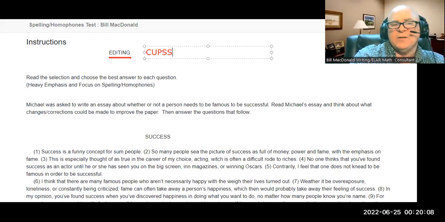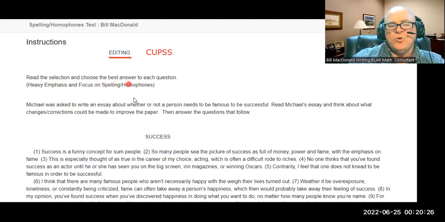And another way to tell is when you're reading the directions, which give you a little bit more detail: Read the selection and choose the best answer to each question. Because most passages are only going to be asking you about 2 or 3 sentences in the entire passage, I don't recommend that you teach your struggling writers to read an entire passage or even entire paragraphs.